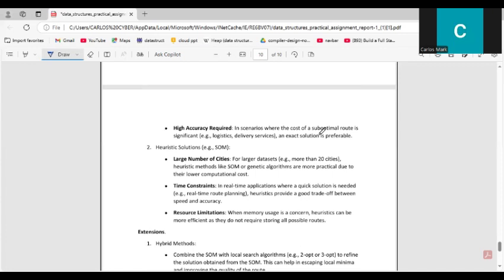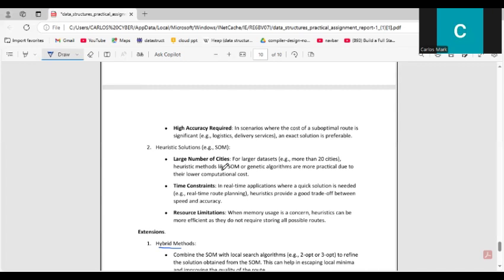Then for the heuristic solutions to solve the problems of the self-organizing map, we came up with using hybrid methods. The self-organizing map is better for a larger data set, since, as I've said, we feed the map with data with no labels. So this one is an unsupervised learning model.